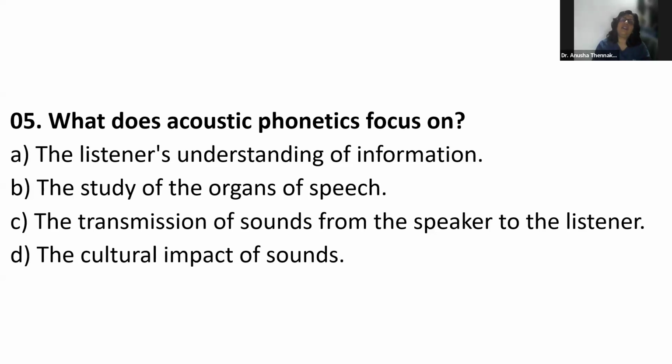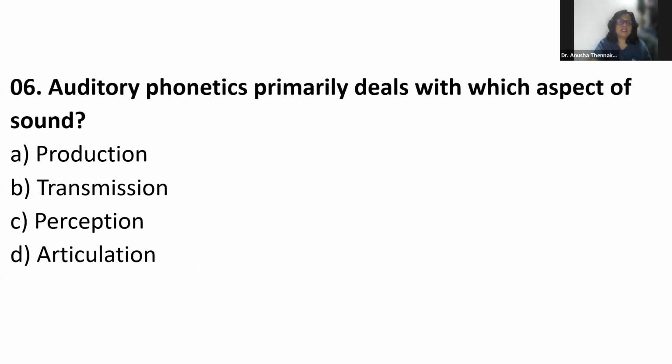What does acoustic phonetics focus on? Correct. The answer is the transmission of sounds from the speaker to the listener. And number 6.